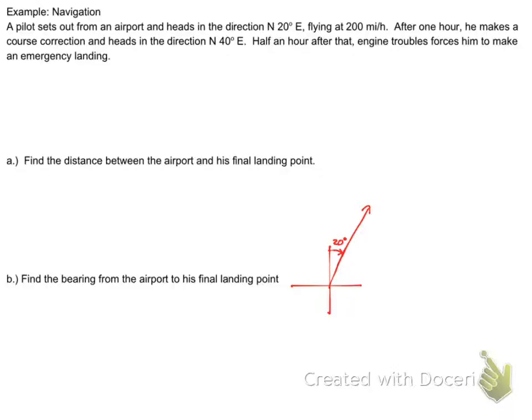Then it says that after an hour, he makes a course change, right? Going north, 40 degrees east. So now he's going more this way, but has an angle of 40 degrees.